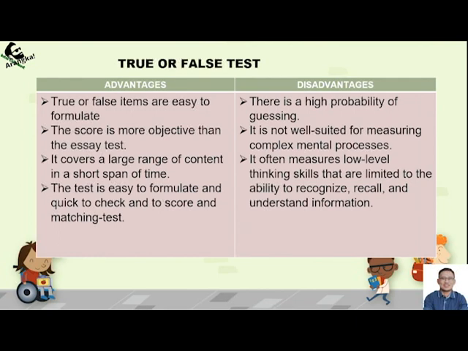Next, arrange the true and false items in random order to minimize the chance for students to detect a pattern of response. So, arrange natun in random. Indi po sila yung true tanan, false tanan ang next. So, kung amo sila, may chance sila nga ma-develop nga random patterns sang ilang responses.